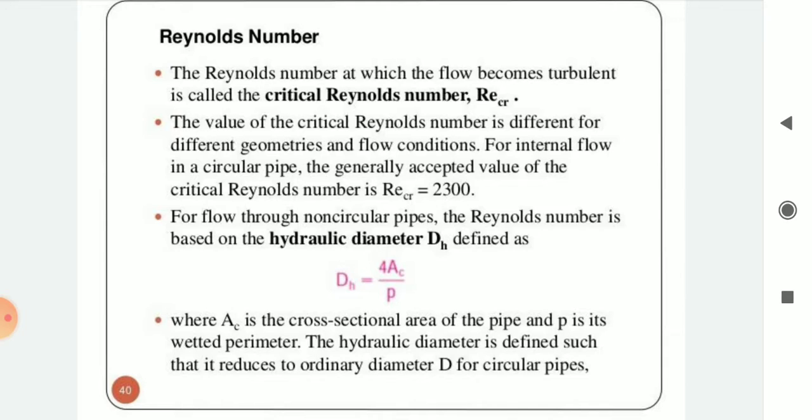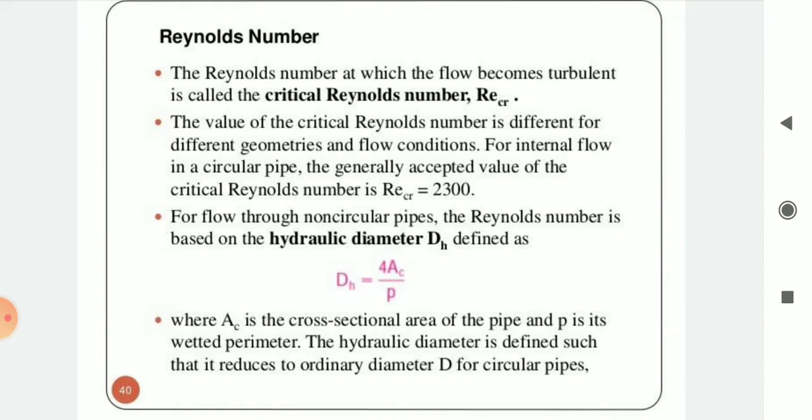For flow through non-circular pipes, the Reynolds number is based on the hydraulic diameter, that is DH, defined as DH is equal to 4 AC divided by P, where AC is the cross-sectional area of the pipe and P is its wetted perimeter.